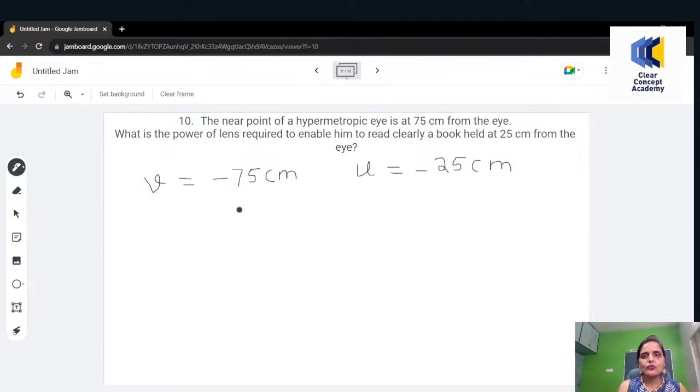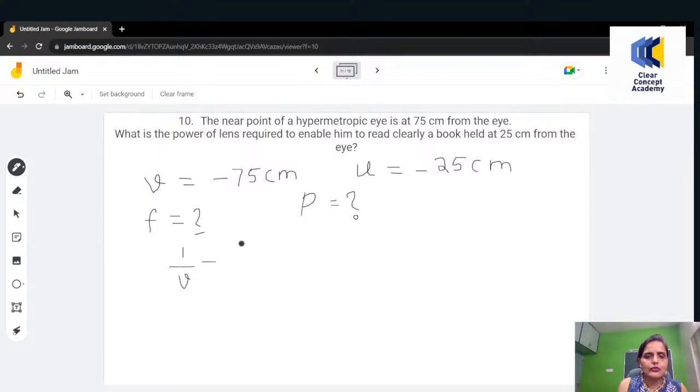Now they are asking you to find the power of the lens. To find the power of the lens, you must find the focal length first, and then you can find the power of the lens. Okay, so power of the lens. So which formula do we use?